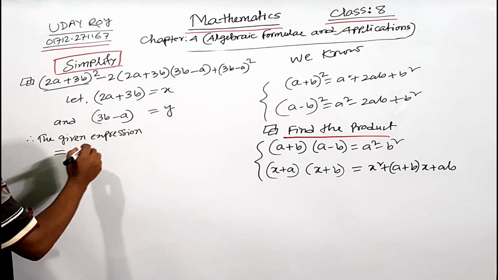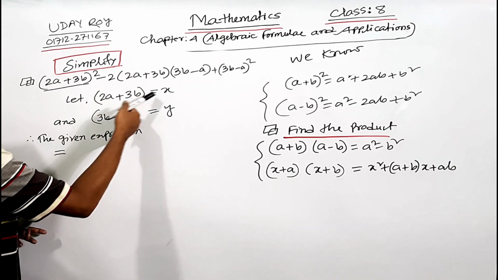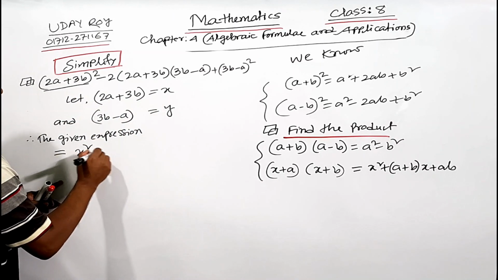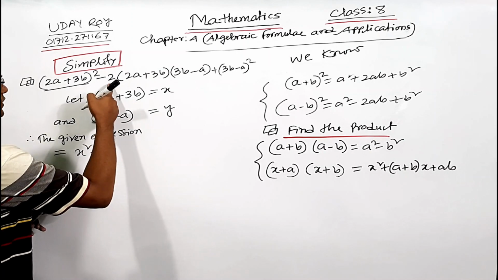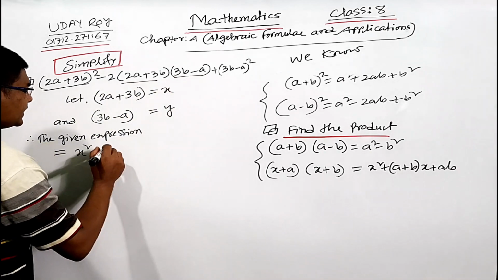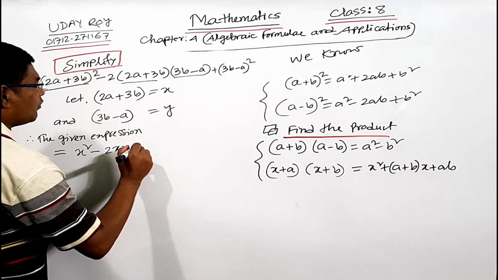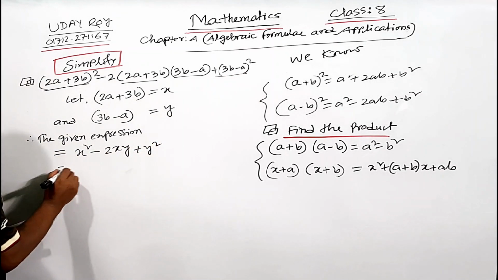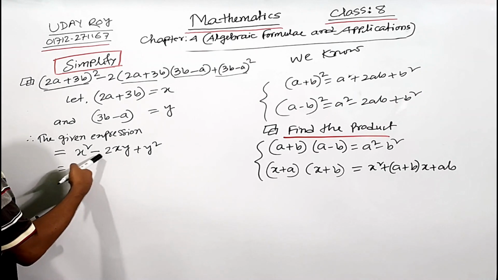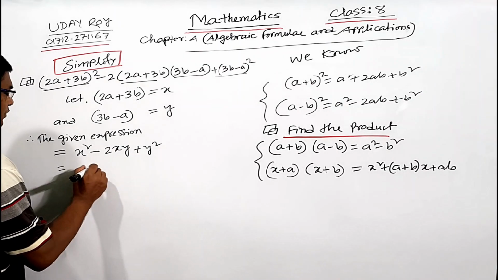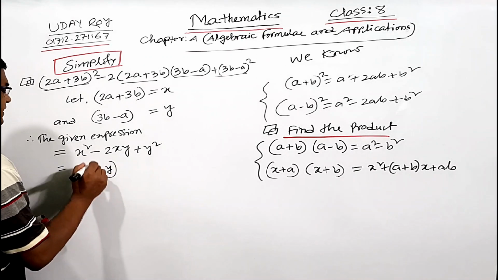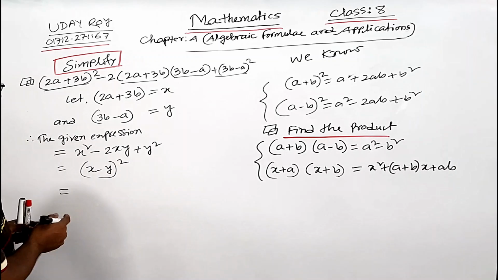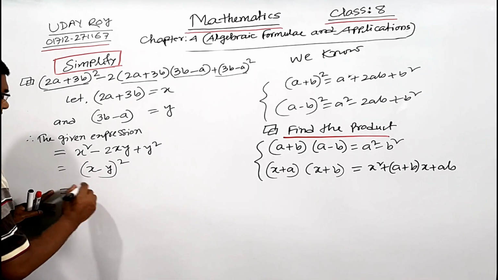Therefore the given expression will be x square minus 2xy plus y square. We can write (x minus y) whole square. Now putting the value of x and y.